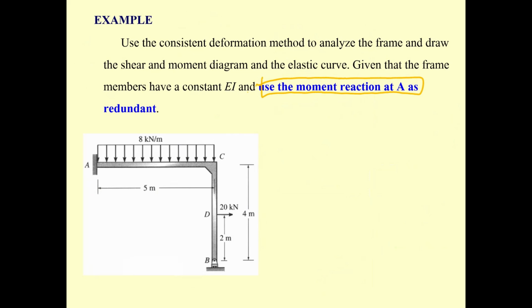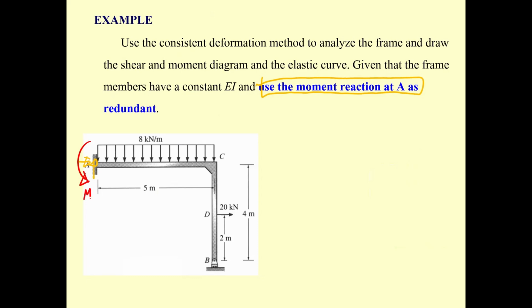Then we change the roller into a free end. However, this one is fixed, so there are two, and then you use this one to be your redundant.